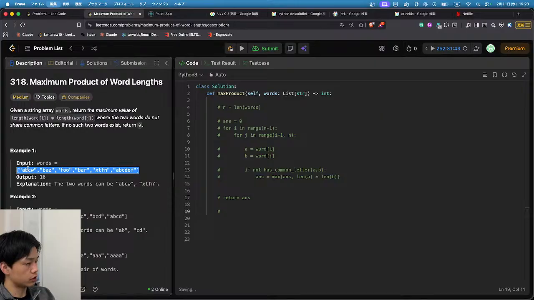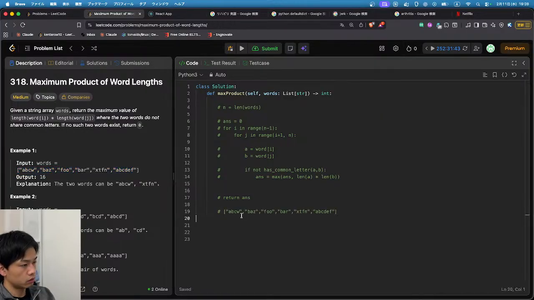I want to sort the words by their length.